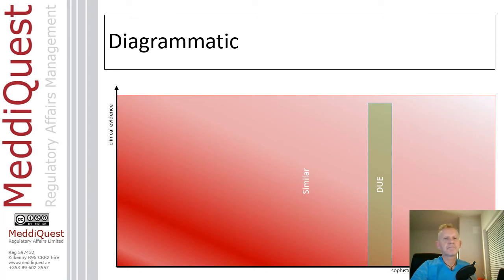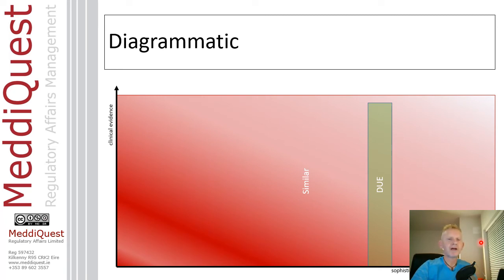So I guess diagrammatically, what I'd like to do in conclusion is just look at how this all fits together. If you think what we've got is a field of similar devices, some of those head over towards the right-hand side. They're a little bit more sophisticated than our device.